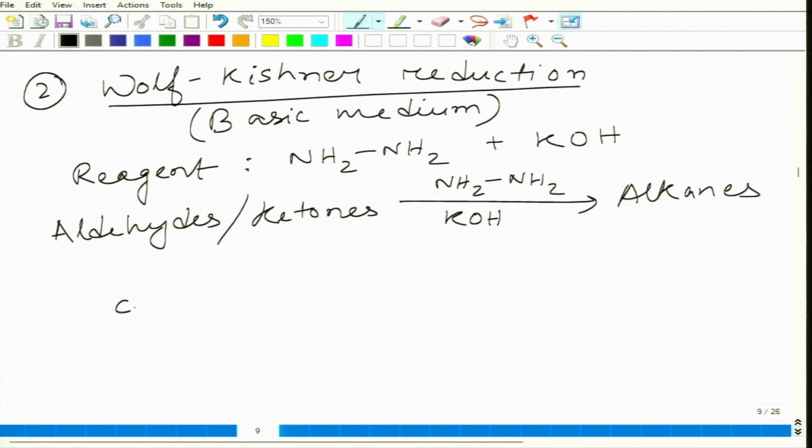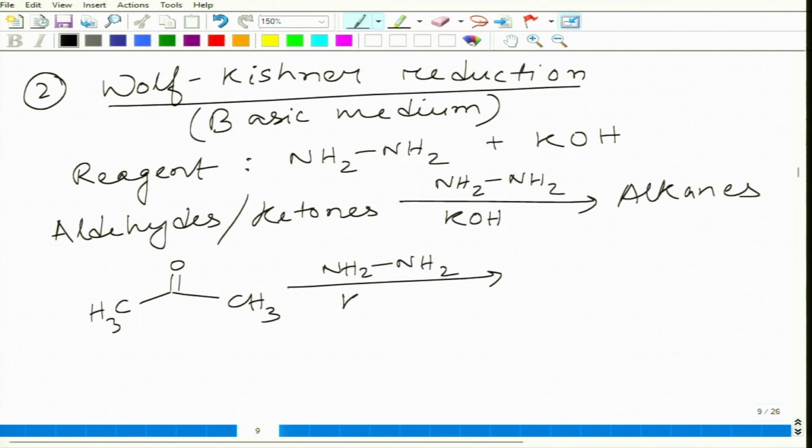So, let us say acetone. It is treated with hydrazine and potassium hydroxide. Then it will give propane. Now, one more example of the Wolff-Kishner reduction.